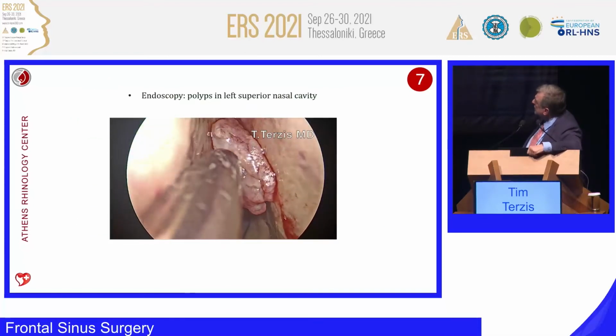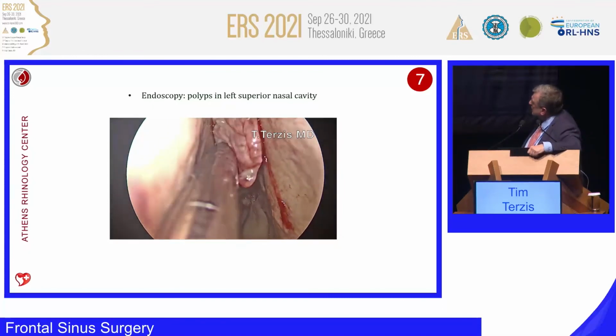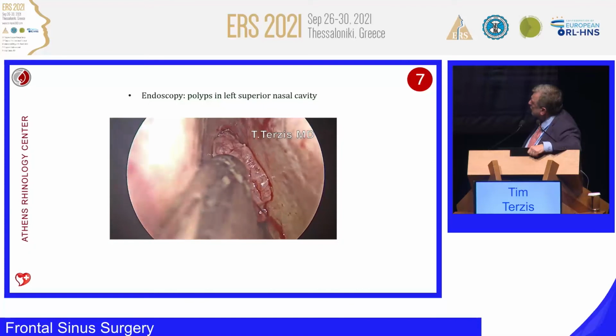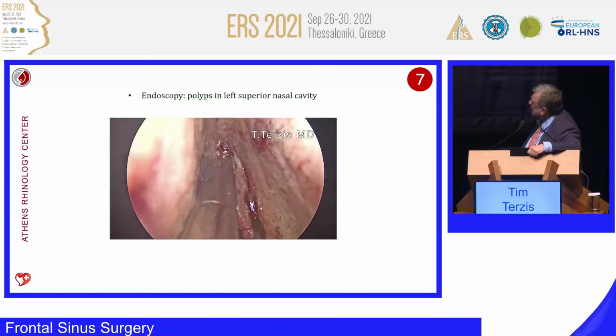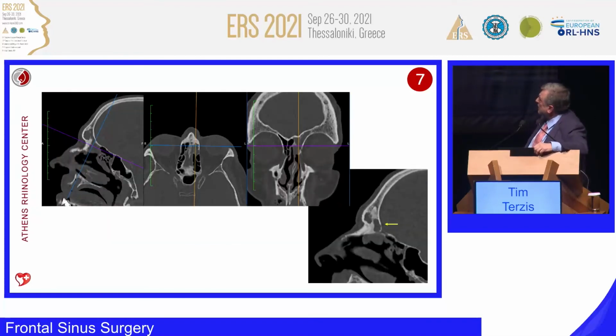So this is the endoscopy, and you see this polypoid mass in the olfactory cleft and just in front of the middle turbinate. This is the CT scan, left frontal sinus obstructed with some signs of erosion, maybe in the posterior wall here.